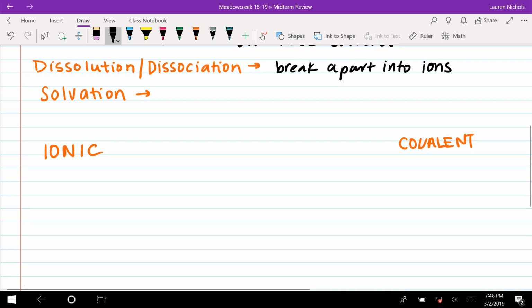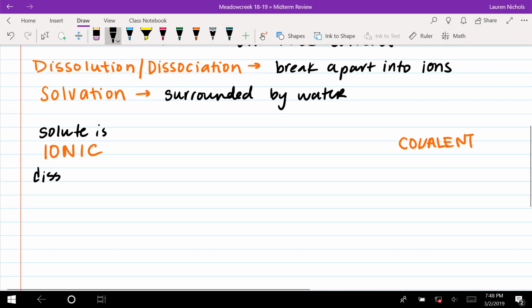Think about if you're hanging out with somebody who's not good for you, like you get in trouble every time you're hanging out with this person, you might need to dissociate yourself from them. That means you need to break up, you need to separate. Solvation means to be surrounded by water. If our solute is ionic, then it will undergo both dissolution and solvation.